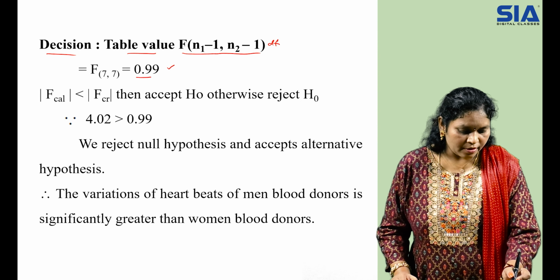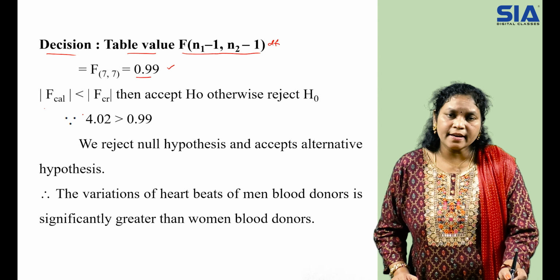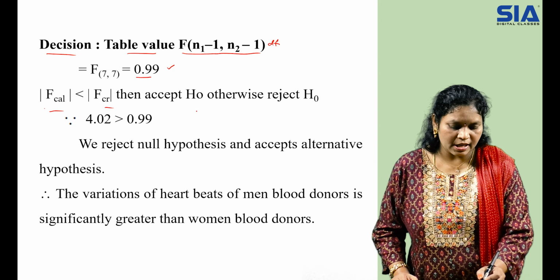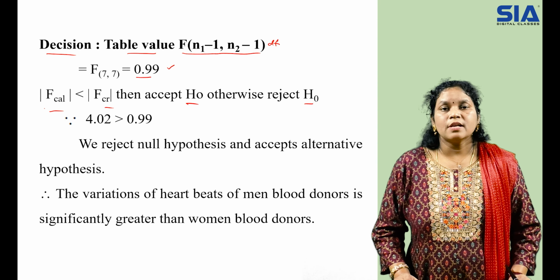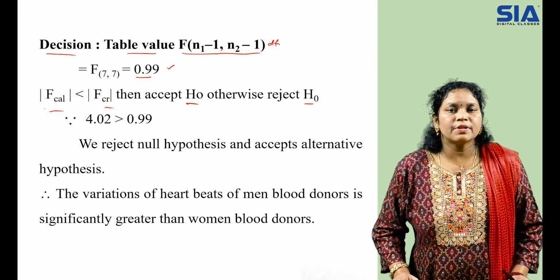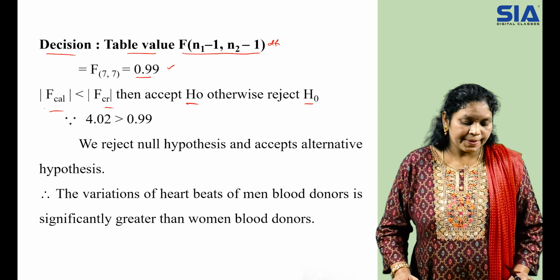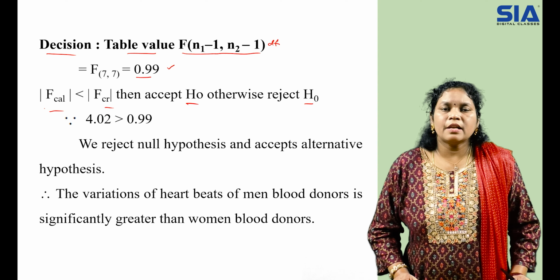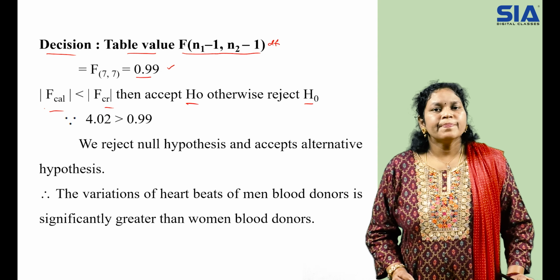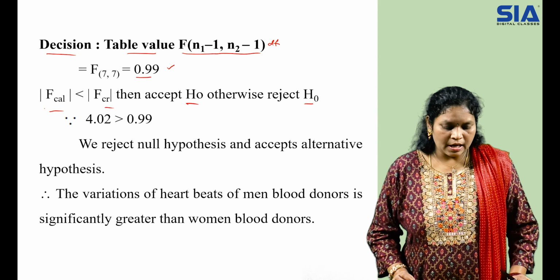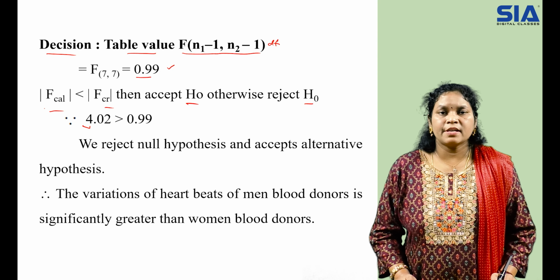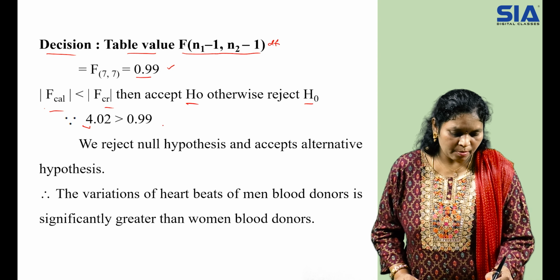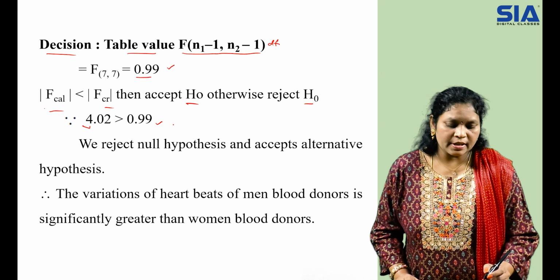How will we take the decision? If F calculated is less than F critical, then we accept H naught, otherwise we reject H naught. That is the decision we always make for both large and small samples, right? So let us check whether the calculated value is less than the critical value, so that we can accept the null hypothesis. But here, 4.02 is the calculated value we got, and the table value we have got as 0.99 only.